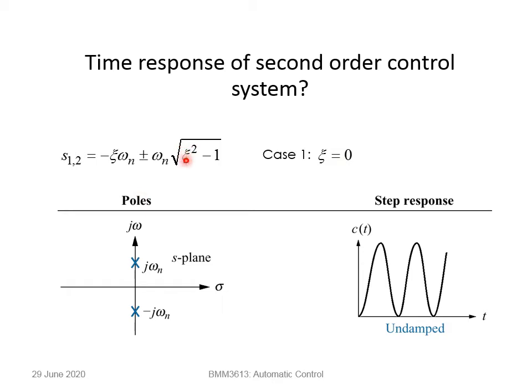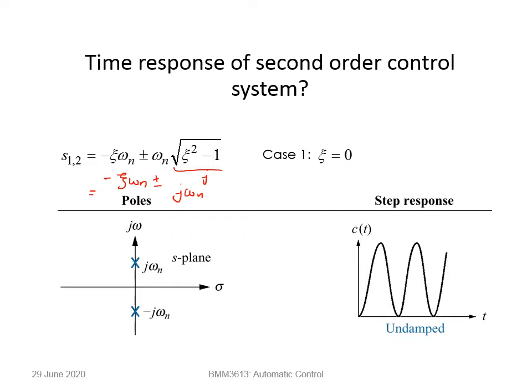If zeta equals 0, the term zeta square is also 0. So this term here is square root of minus 1, and we know that square root of minus 1 is basically the definition of j. So our poles position will now become minus zeta omega n plus minus j omega n.